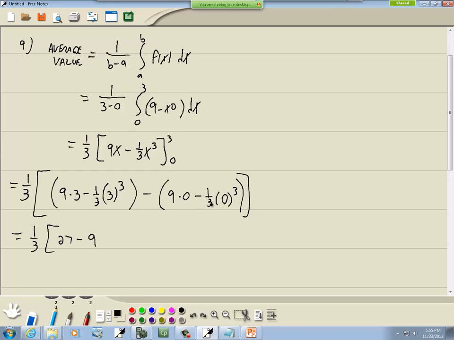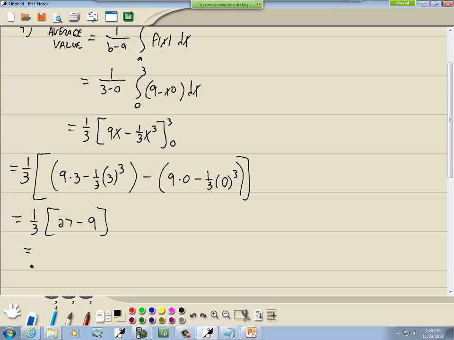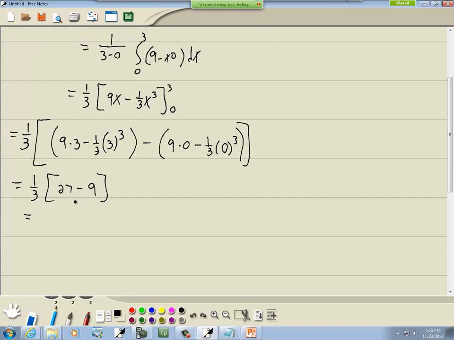And this all drops away because of the zeros. 27 minus 9 is 18, divided by 3 it would give us 6. So that's part A.